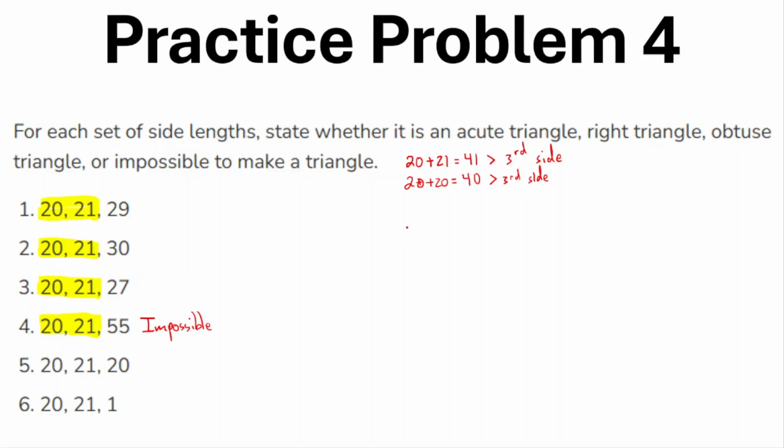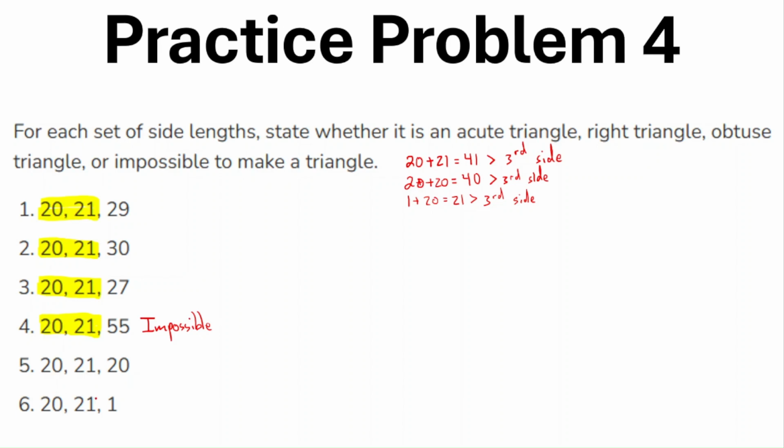And then the last one, number 6, my short sides are 1 and 20. Well, they add together to equal 21. So 21 must be greater than my third side. However, 21 is my third side. So if I put 1 and 20 end to end, they are just long enough to reach the ends of 21, but there's nothing extra.